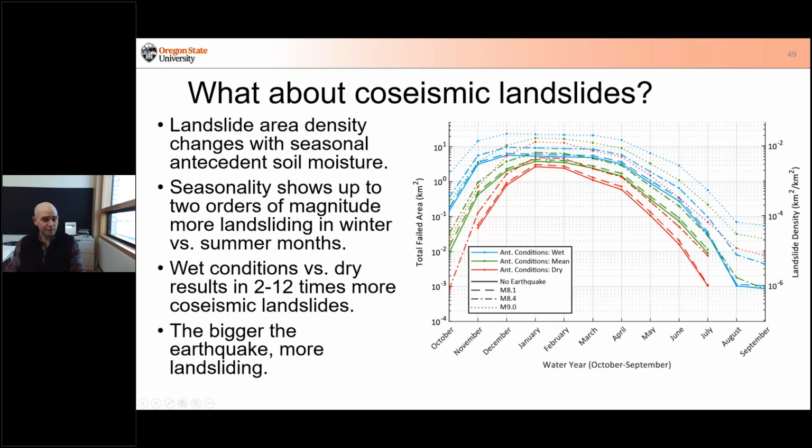If we have an earthquake in February, there's bound to be more landslides than if we have one in May. So seasonality might result in up to 2, even 3 orders of magnitude change in landslide occurrence. Wet conditions result in about an order of magnitude change, and they might be overestimates. I wouldn't be surprised, but there is a difference.